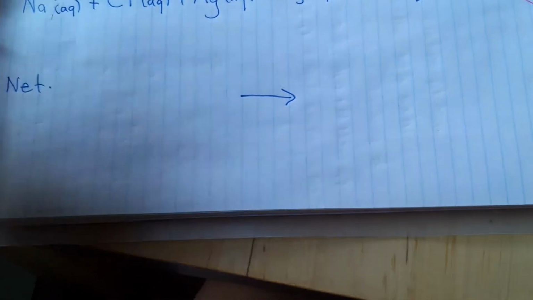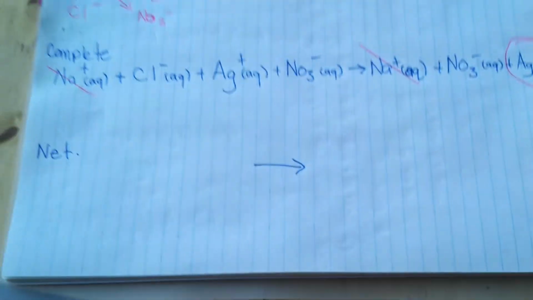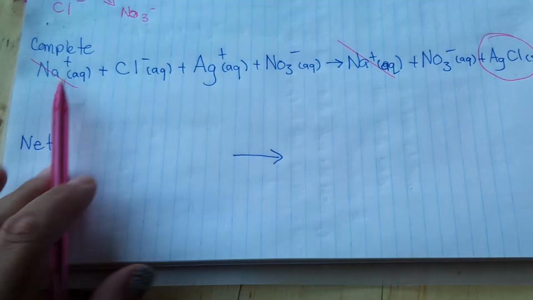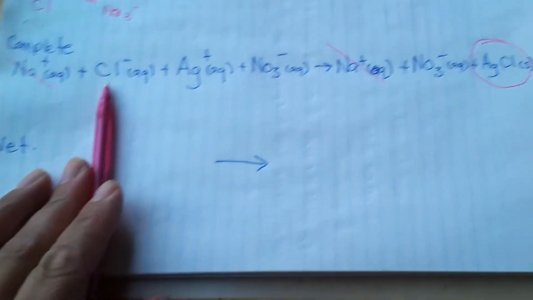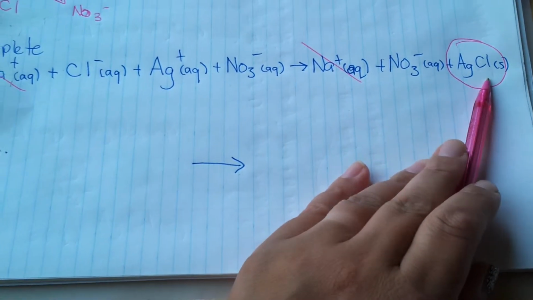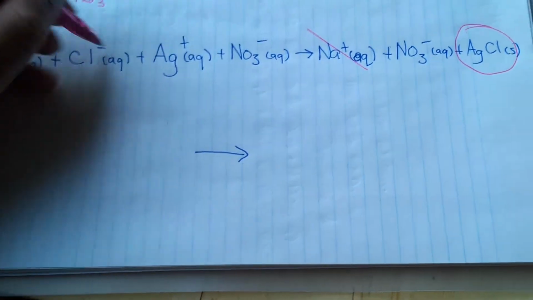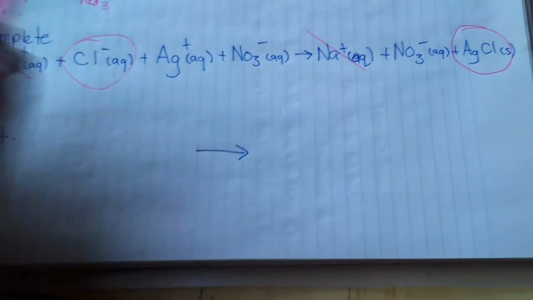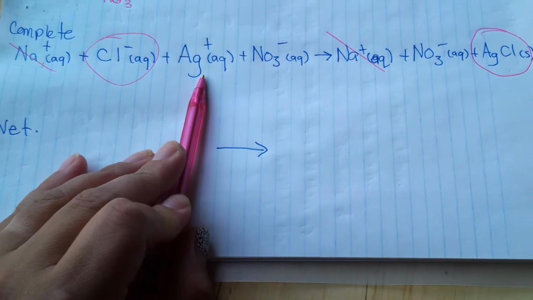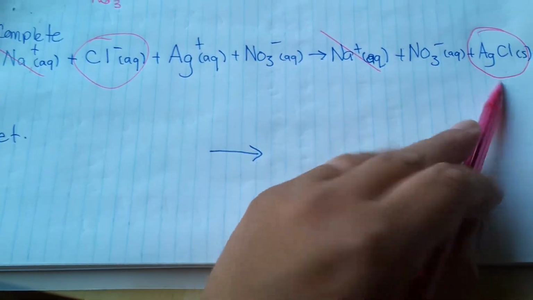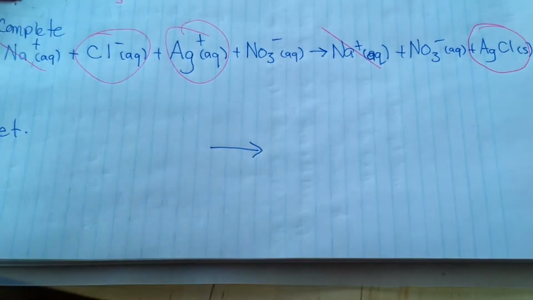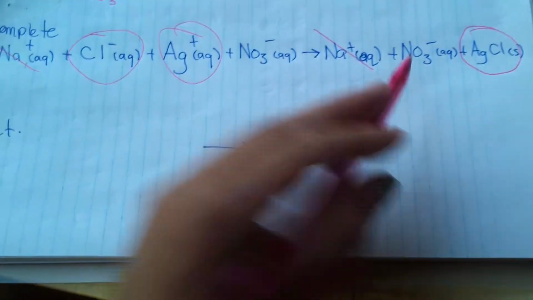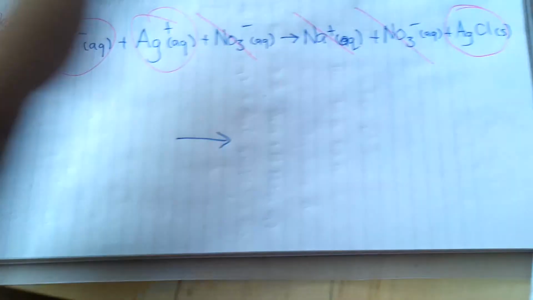We have sodium here, and we have sodium there. It's not doing anything. Cross it out. Then we have chlorine, but that's right here. It's actually forming a solid, so we're going to keep it. And we have silver, and over here it's forming a solid, so we're going to keep it. That leaves us with nitrate, and that's here, so the same thing, cross it out.